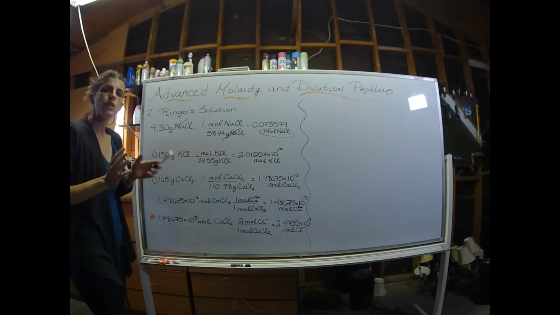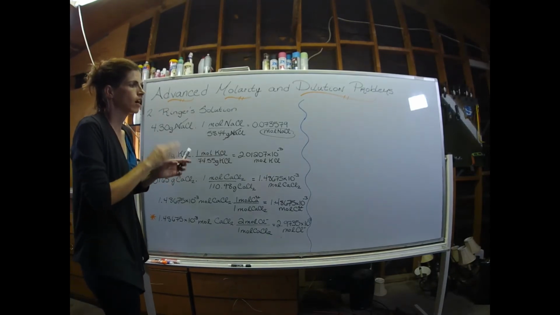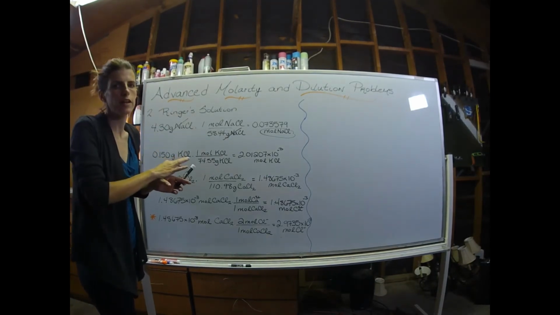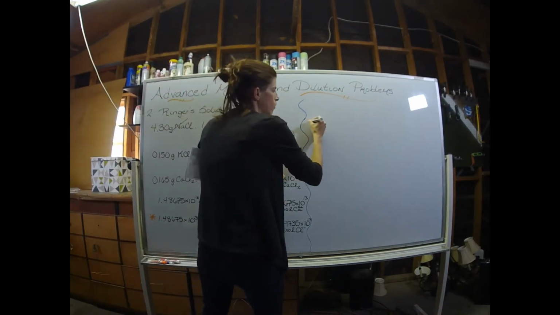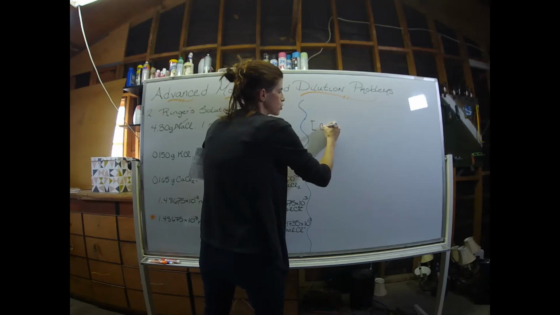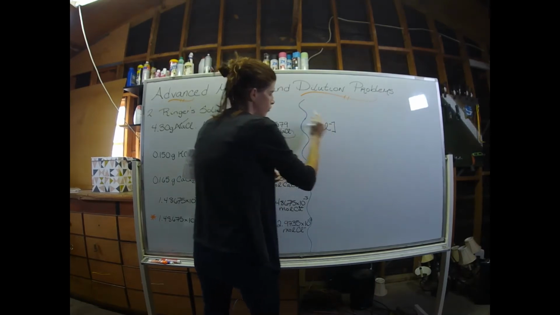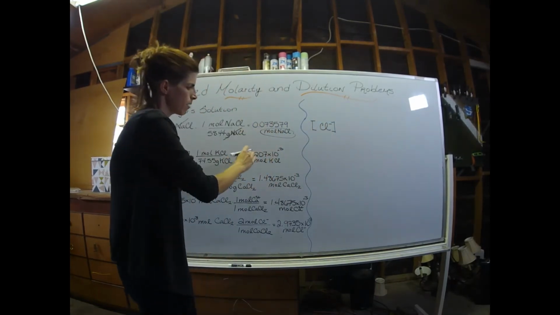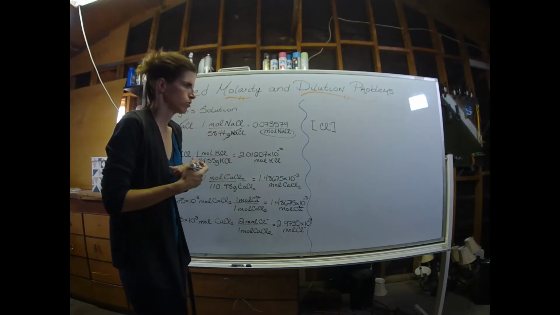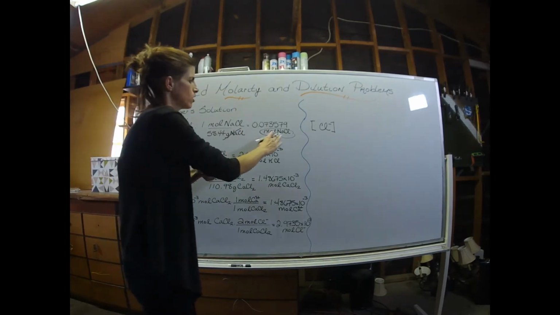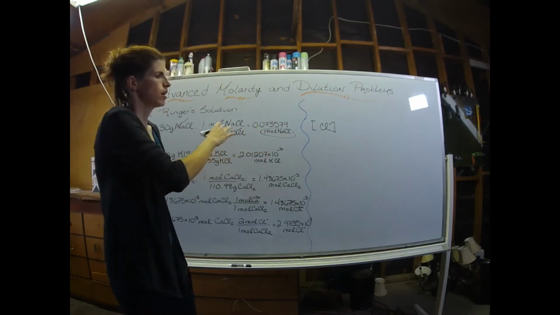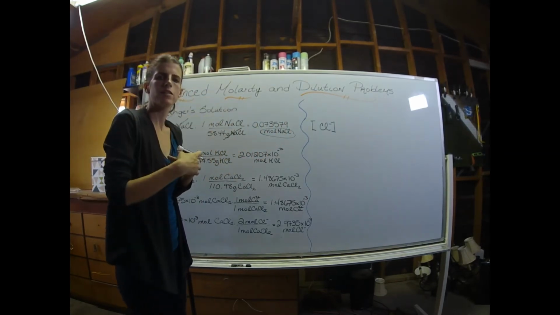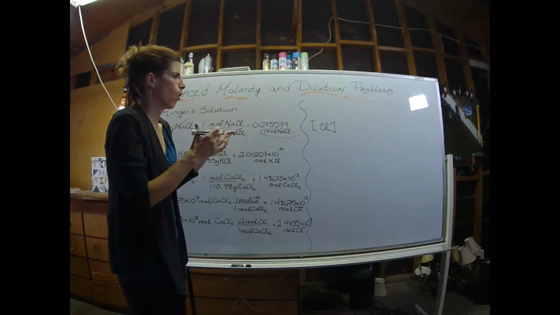The last thing we're going to do is calculate the concentration of chloride ion in the Ringer solution. In order to do that, we need to figure out the total moles of chloride by adding up all of the individual contributions. For sodium chloride, it's a 1-to-1, so I can grab the same mole value that applies to sodium chloride as a whole.